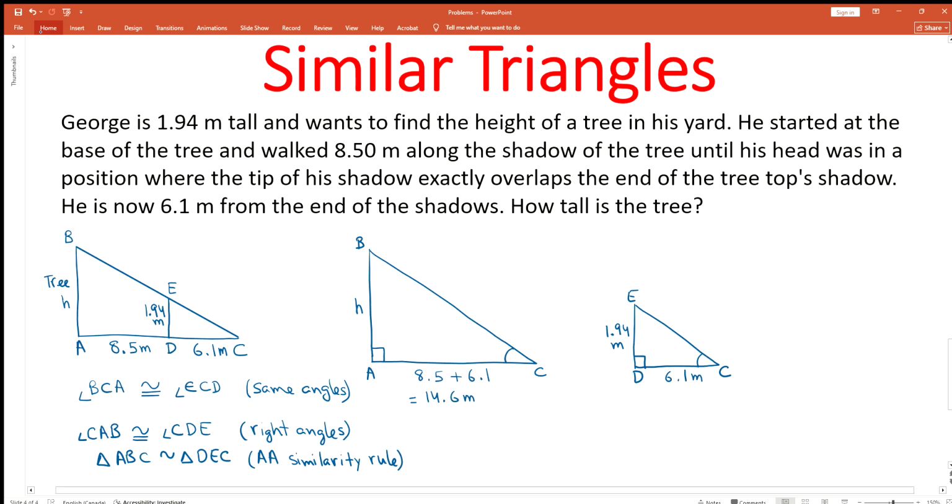Since these two triangles are similar to each other, the ratio of the lengths of their corresponding sides are equal. In these two triangles, sides AB and DE are corresponding sides, so we can write a ratio for their lengths. Also, sides CA and CD are corresponding sides, so the ratio of their lengths should be equal to the ratio of AB and DE.